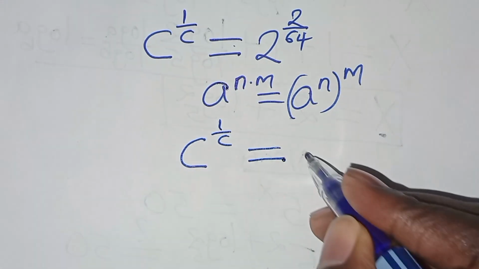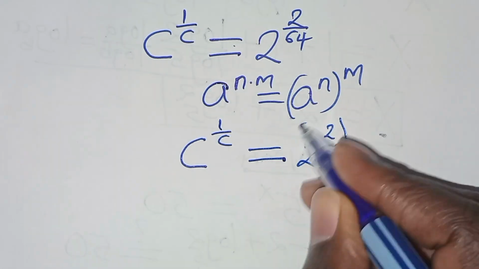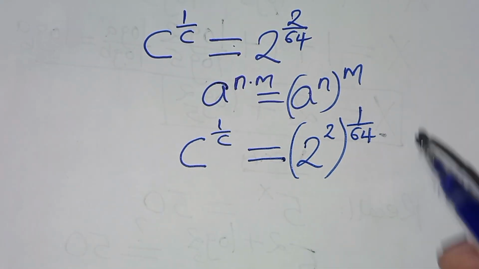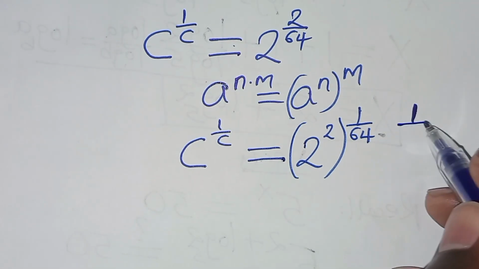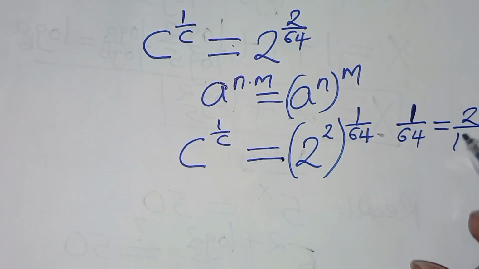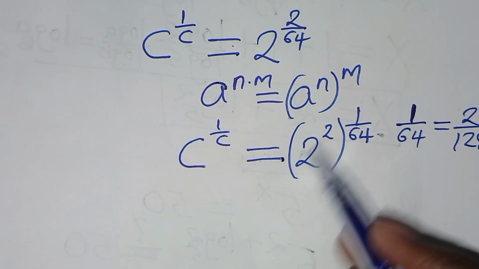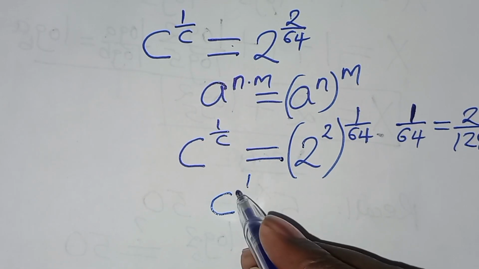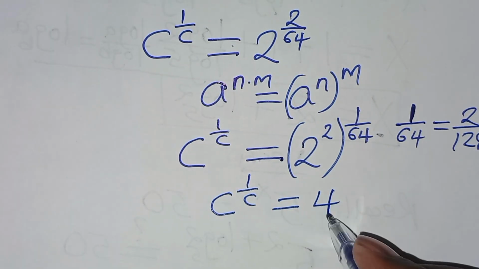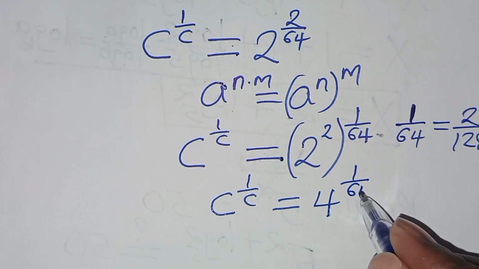This is equal to 2 to power 2 raised to power 1 over 64. The next step here, we can express 1 over 64 as 2 over 128. So here we'll have c to power 1 over c. This is equal to 2 squared, this is 4, raised to power 1 over 64.